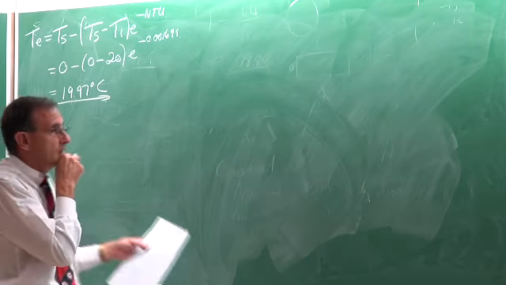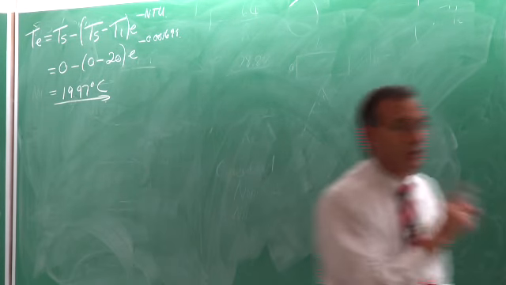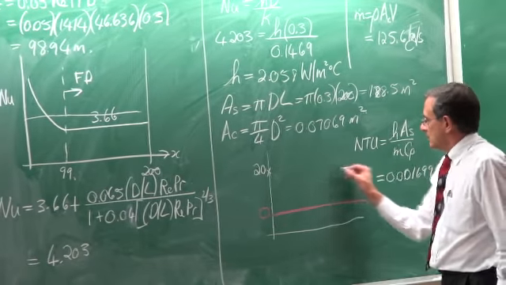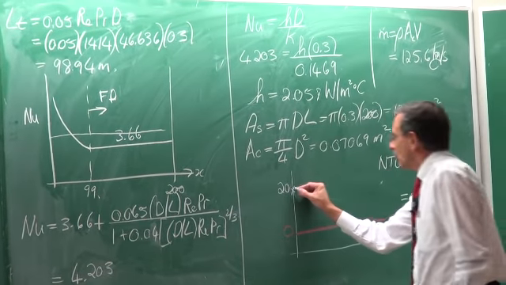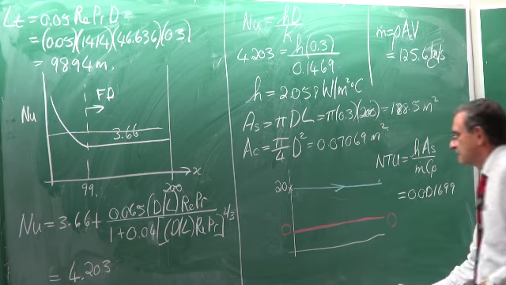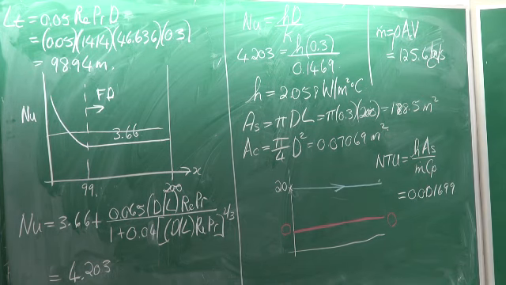Which then means that if I go back to the graph and look at the oil, there is 20, so the oil is going to do something like that as it flows through the tube. Do you see? There's not going to be a large temperature drop.